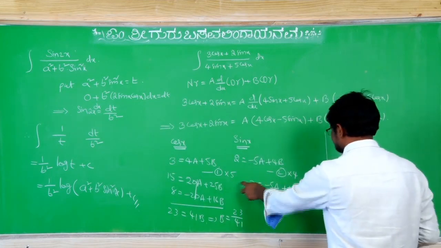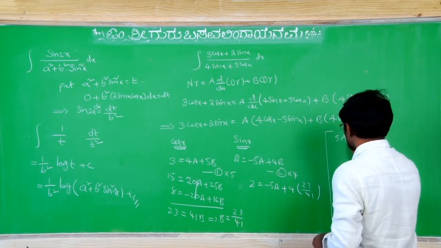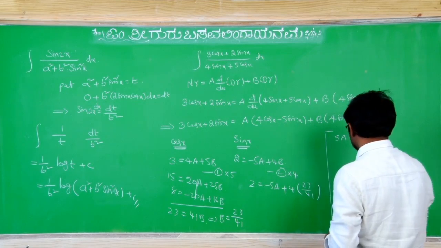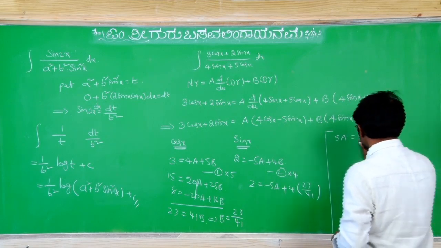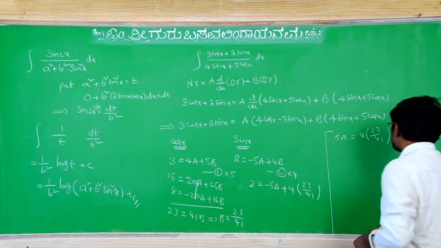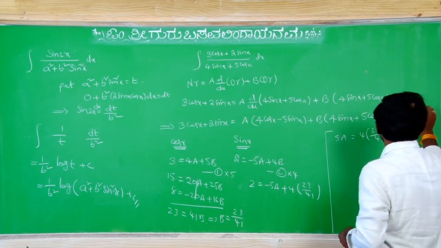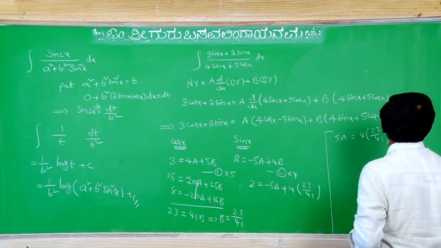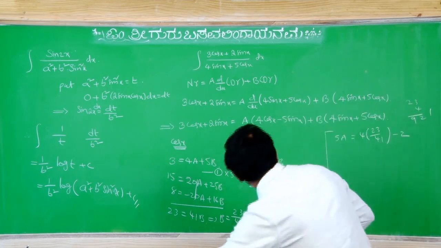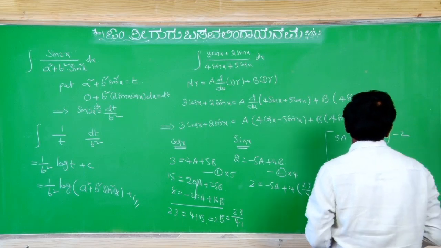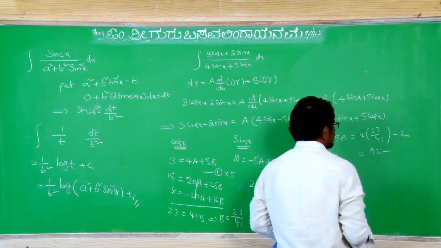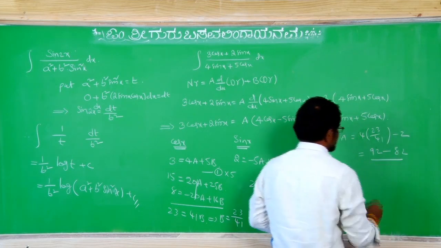So 5a you will get, equal to this one moved to this side and that one to that side: 4 into 23 by 41 minus 2. 4 into 23 is 92, minus 2 into 41, which is 82, divided by 41.